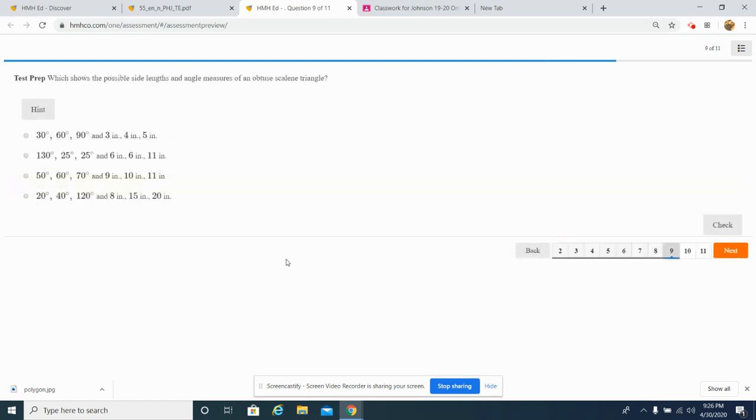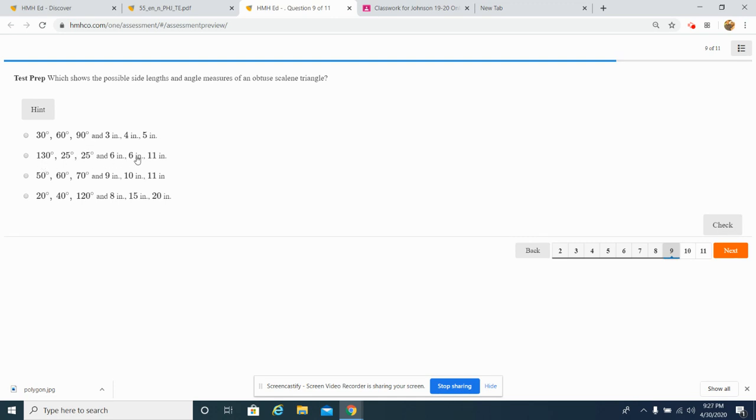Okay, which shows the possible side lengths and angle measures of an obtuse scalene triangle. We have to have an angle that's larger than 90 degrees and all the sides need to be different. So I'm going to look for the scalene first. That one's a scalene, that one's not, that one is, so C is automatically out. This one is a right because of that 90 degrees.